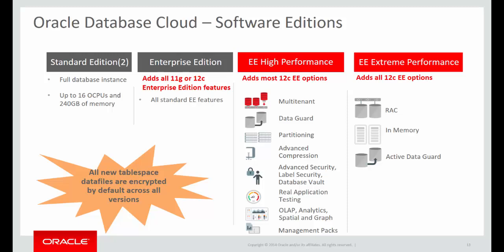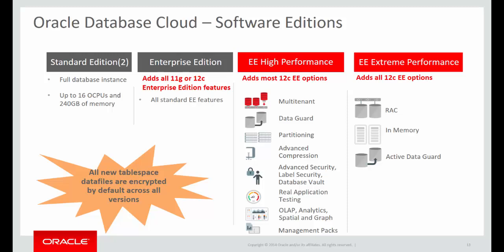A step up from that would be our Enterprise Edition High Performance, and this adds some great options such as multi-tenancy, partitioning, advanced compression, advanced security, Real Application Testing, management packs for Enterprise Manager, spatial and graph, and OLAP and analytics. One step above that is our Extreme Performance Edition, and here you get 2-node RAC, the in-memory option, and Active Data Guard.